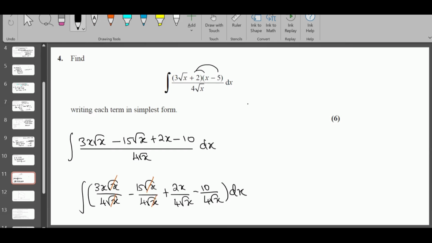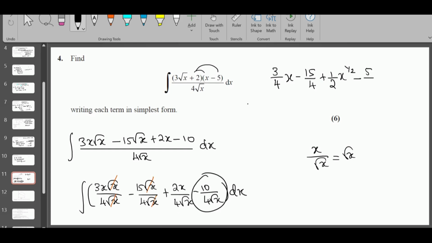So it's going to be 3 over 4 x minus 15 over 4, and then this term 2 over 4 is 1 over 2, x over square root of x is just x power 1 minus half, which is x power half, minus 10 over 4 is 5 over 2, put the square root of x on top, it becomes minus half.